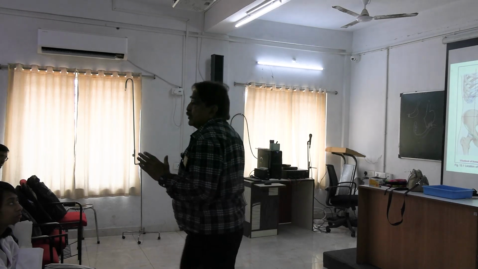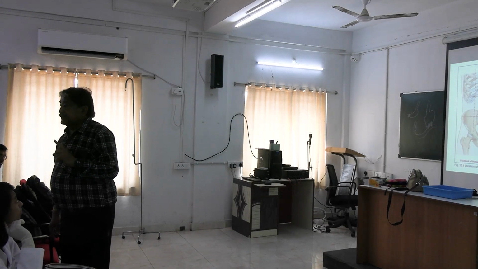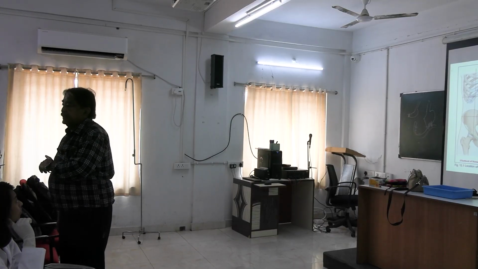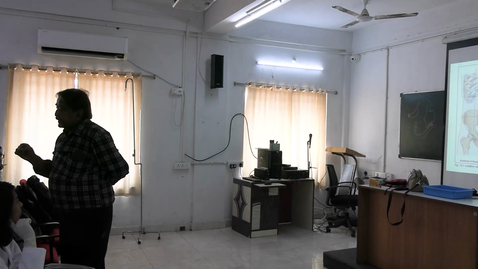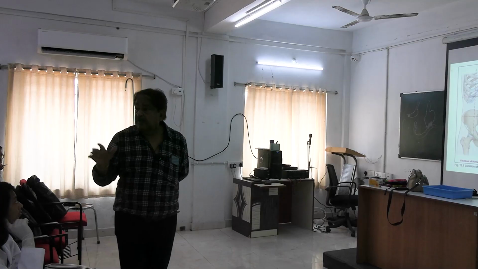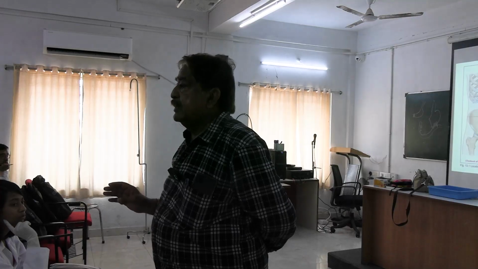For this type of condition, you ask for a routine stool examination to see occult blood. It can happen also in normal conditions, occult blood due to worms like ascaris and hookworm. So that will give you a picture of the condition of the stomach.